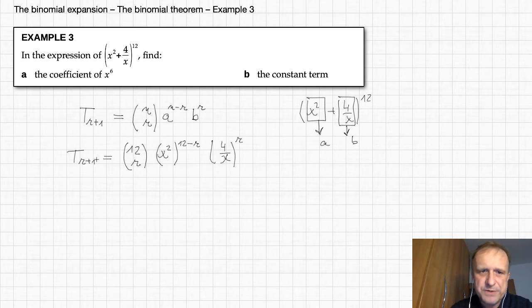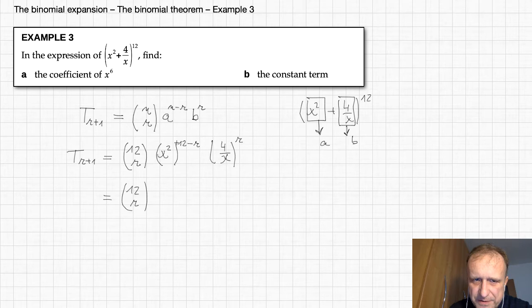Okay, so this is the r plus first term, and now we can try to simplify it. This step of simplification is very necessary here. So I will leave 12 choose r without any change.